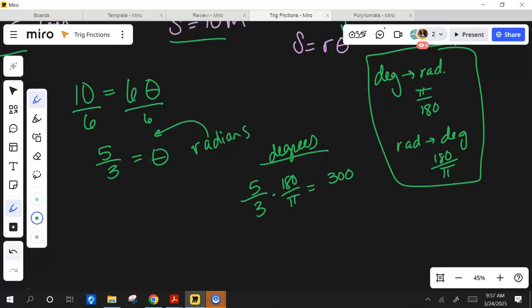So 300 over pi degrees. There's no pi in my radian this time. So radians don't have to have pi. Most of the time they do, but they don't have to. This is my degrees. Five times 180 and then divide by 3.